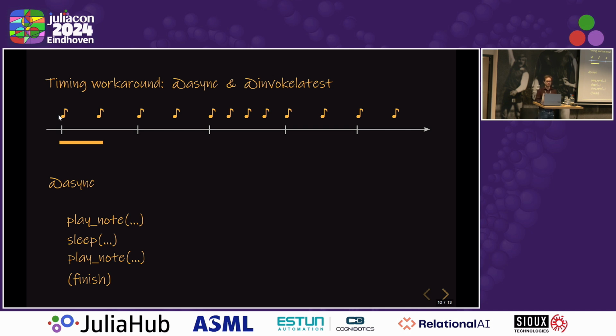If I want to play these two notes, I can say play note, sleep for 2 beats, and play another note. And this would then be a function where the execution takes, for example, this long. There's a little bit of space left back here, and this space we can use to compile with invokelatest, maybe the function which has changed during the execution time.